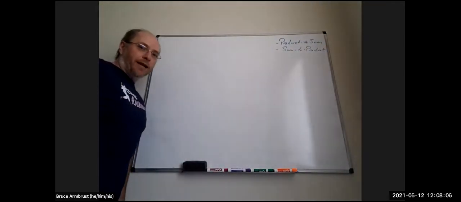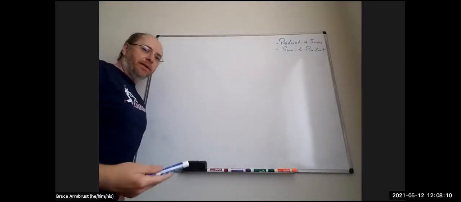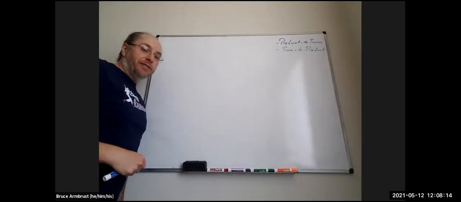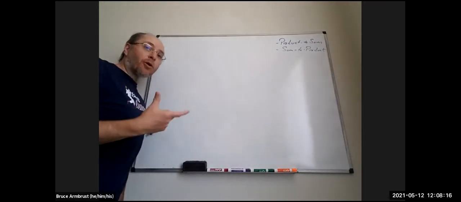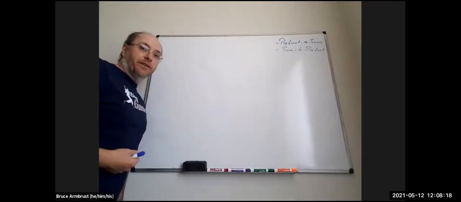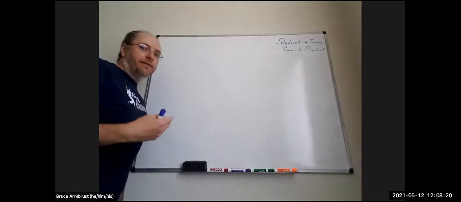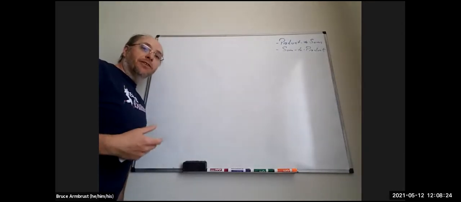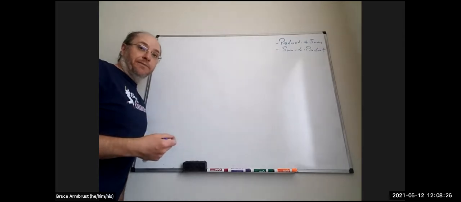Remember, the word product in math means multiply, and sum in math means add, right? And so what this is going to do is take products of sine and cosine. So sine times sine, sine times cosine, cosine times cosine. And it's going to turn them into additions.